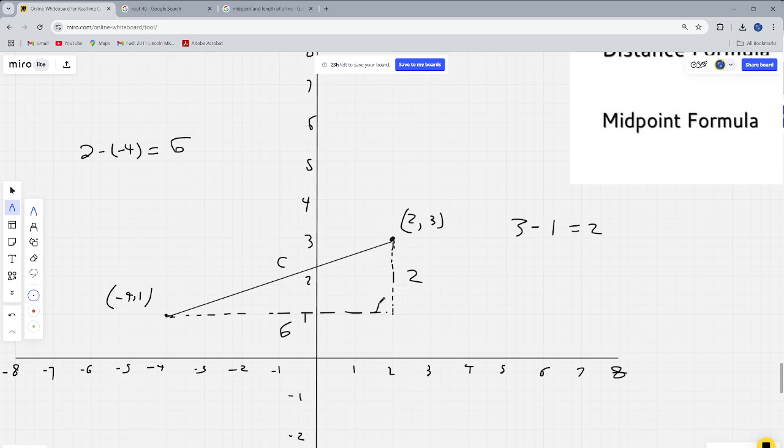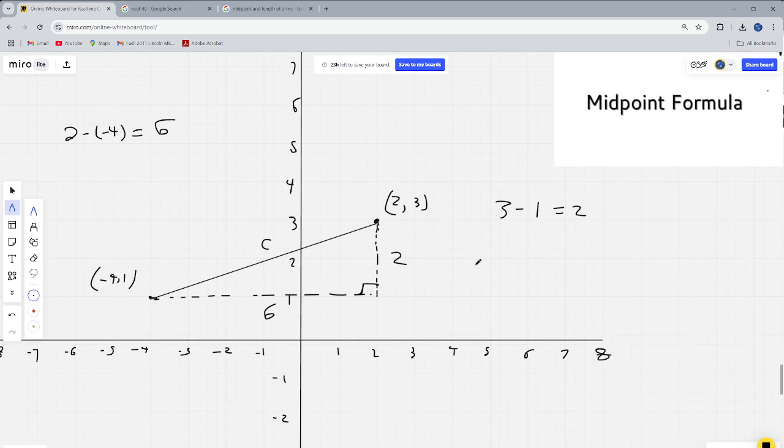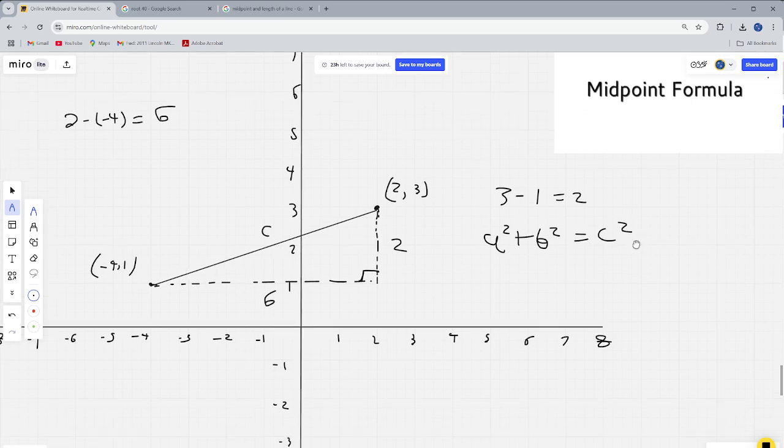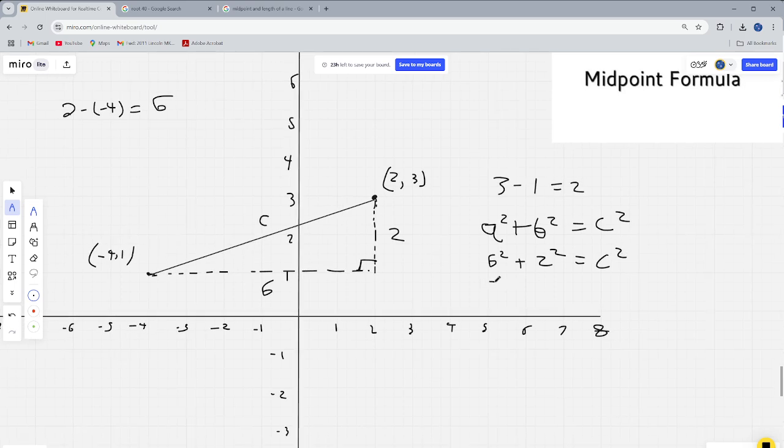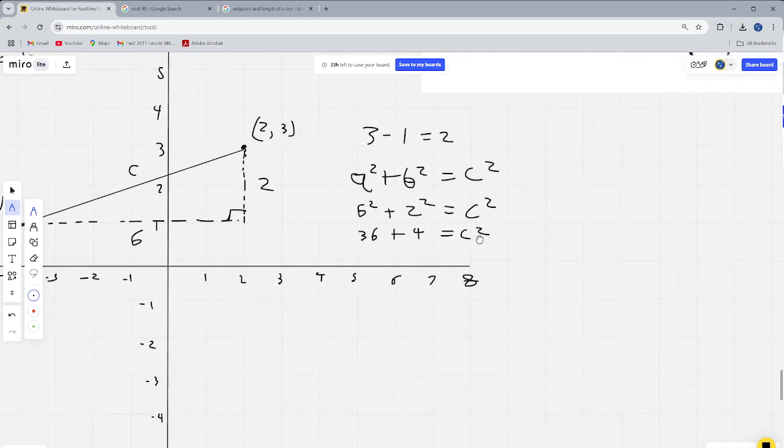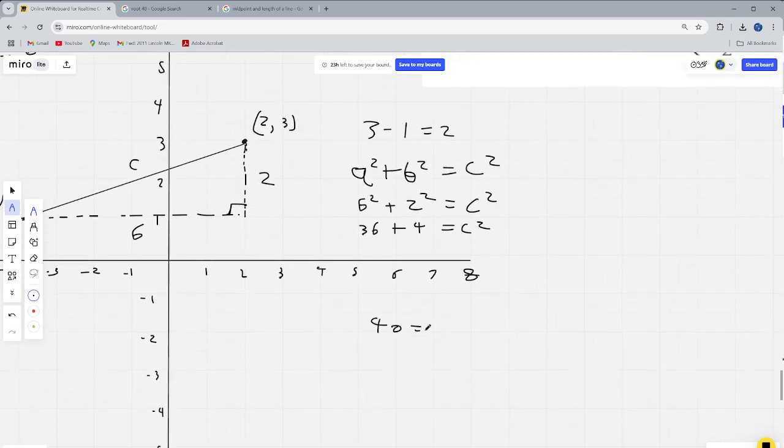In a right angle triangle, if you square both of these 90-degree side lengths and add them together, you get c squared. So let's write that out: a squared plus b squared equals c squared. In this case, a and b are our 2 legs. So 6 squared plus 2 squared equals c squared, or 36 plus 4 is equal to c squared, or 40 is equal to c squared.